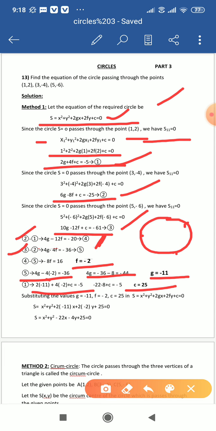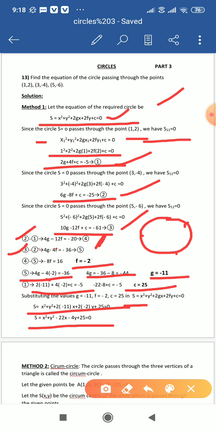So s is equal to x square plus y square plus 2g is minus 11 x, plus 2f is minus 2 y, plus c is 25. So x square plus y square minus 22x minus 4y plus 25 is equal to 0 is our required circle. This is one method.